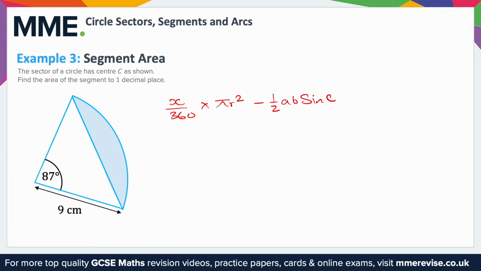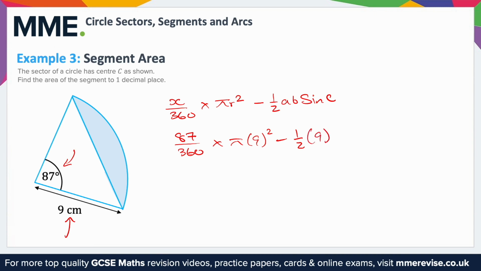Substituting in the values that we know, well, the angle is 87, so 87 over 360, times by pi r squared, so pi times 9 squared, take away. Now, half AB sine C might not mean a lot in the context of this question. However, A and B will both be 9 because they're both radii, and then C, our angle, will be the 87.